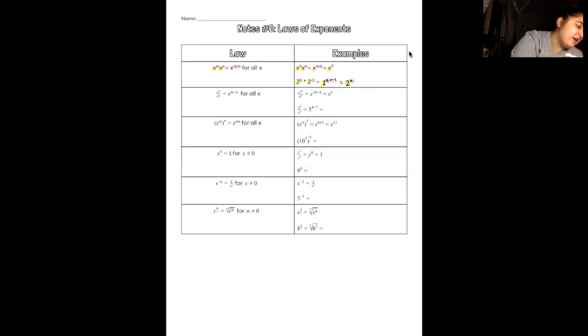And that's all great and fine. And we're really happy about that for multiplication. But what about when we're dividing, right? So when we multiply, we always add exponents. And when we divide, we always subtract exponents.